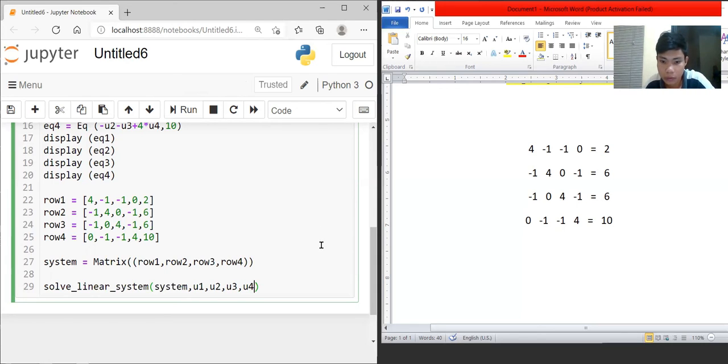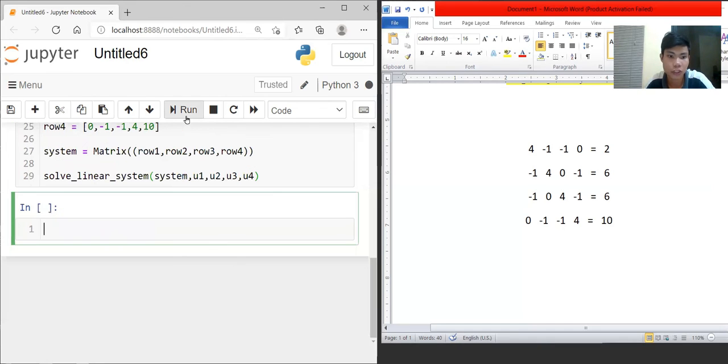So ito na yung end ng ating codes. Last na gagawin na lang natin is i-run siya.